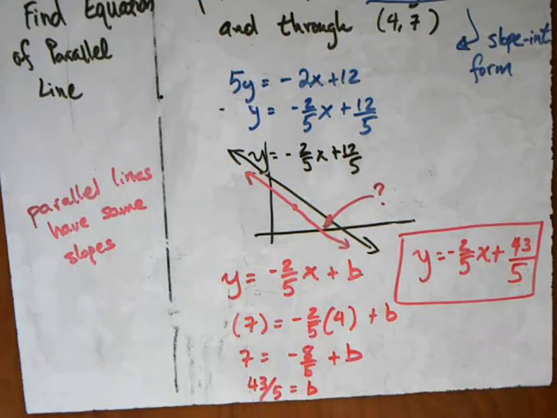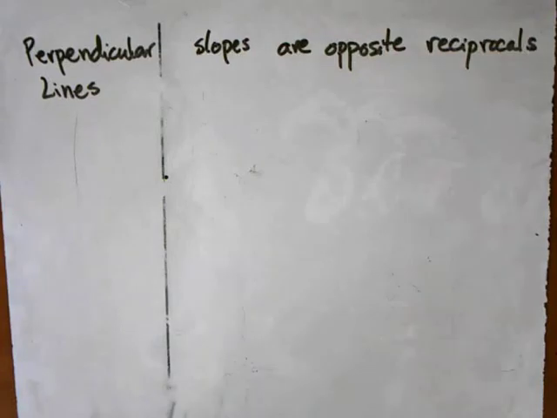Okay, so that was example 4, where we look at the relationship between two parallel lines. Okay? So let's continue here and let's look at some perpendicular lines. Perpendicular lines have slopes that are opposite reciprocals of each other.